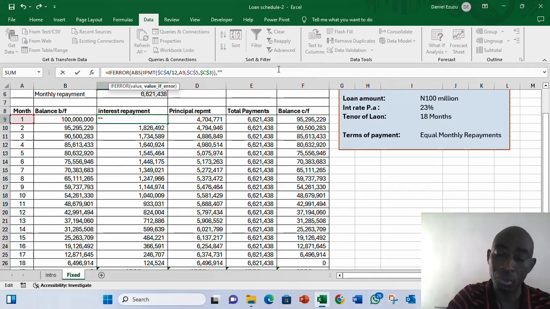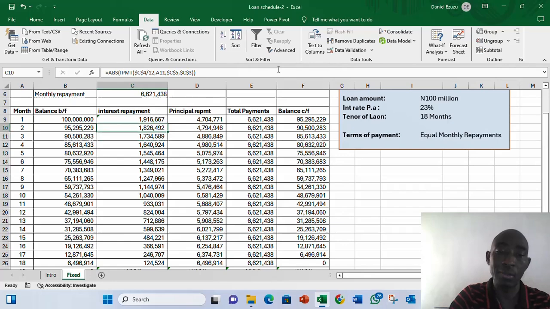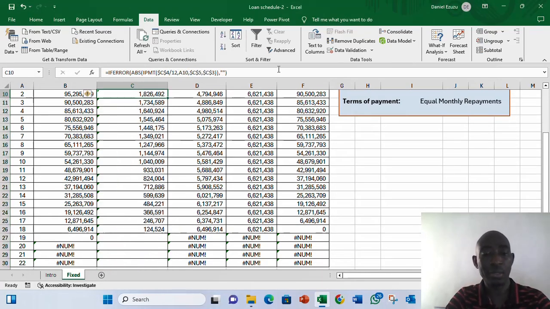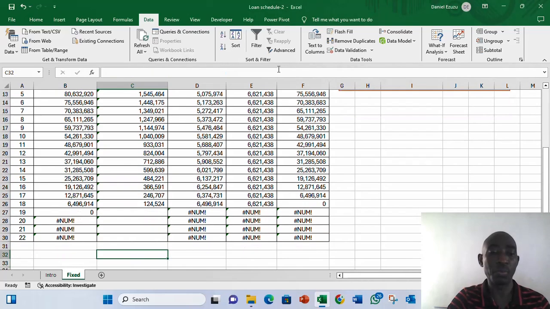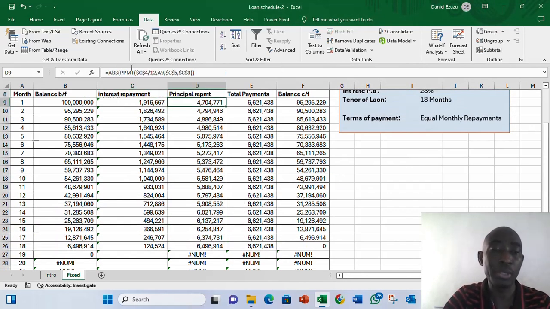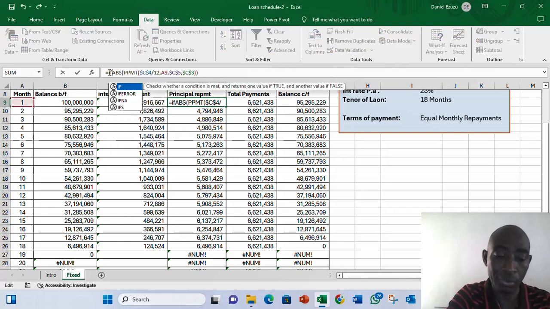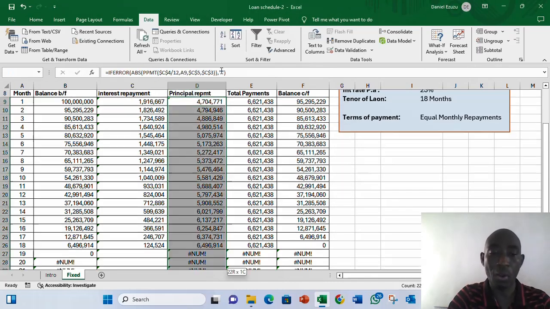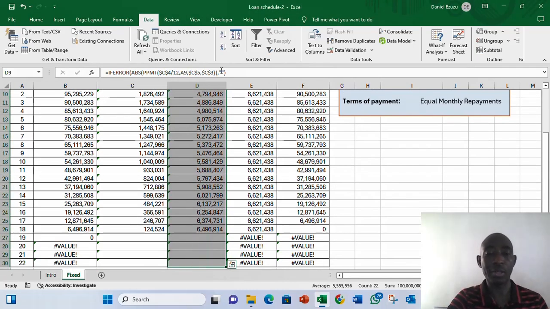And I'm just saying put a space there. Okay, so if I copy here, you will notice that beyond that is just going to put that, so there is no error. So I come here and I do the same thing by saying if this formula translates into an error, just put a space there. Value if error, I'm just putting a space there. So I copy this one down, and you see that everything is gone.